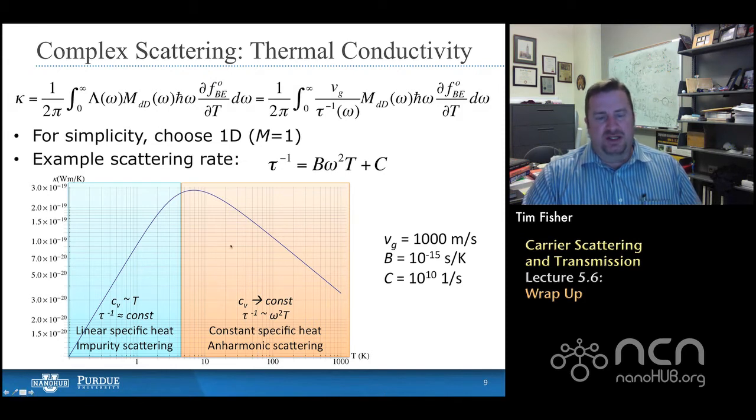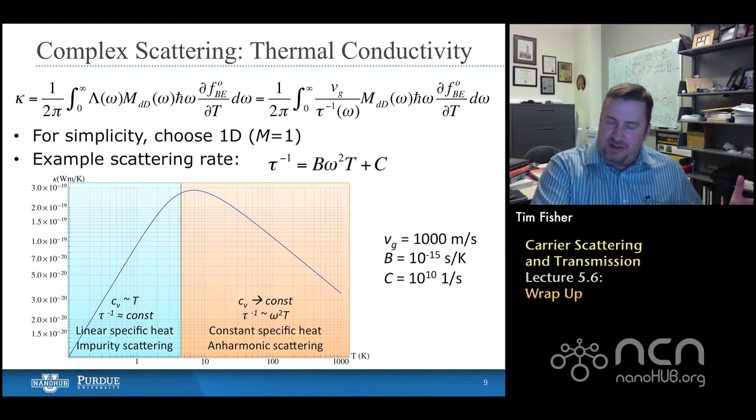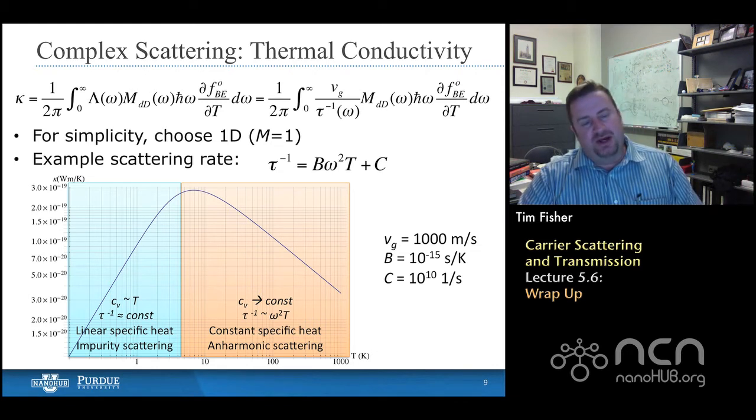Essentially those types of scattering events are frozen out, and we just have a constant scattering rate, which means that the temperature dependence of the thermal conductivity inherits the temperature dependence of the specific heat. You can think back to our kinetic theory for that. In this problem, we have a one-dimensional problem, so it's a T to the power 1 dependence.